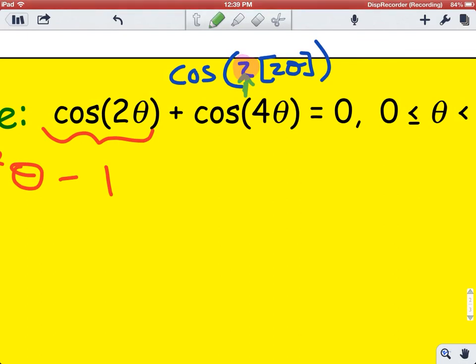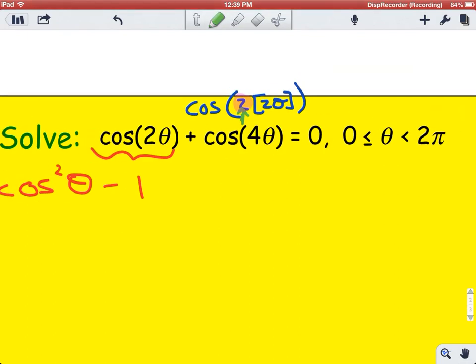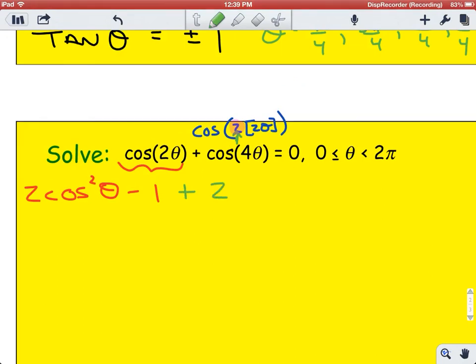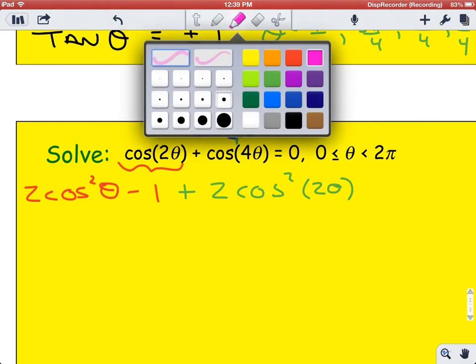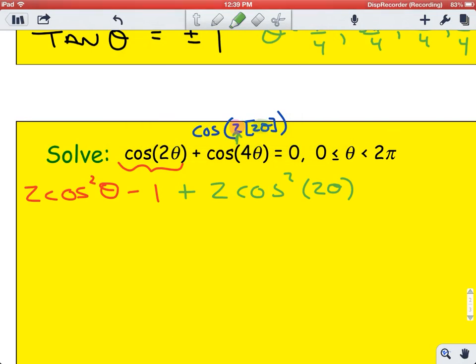And so we could rewrite this as, I'm going to do the exact same substitution. So plus 2 cosine squared. Now this time, our argument is not just theta. Our argument is 2 theta, highlighted here. There's our 2 theta.